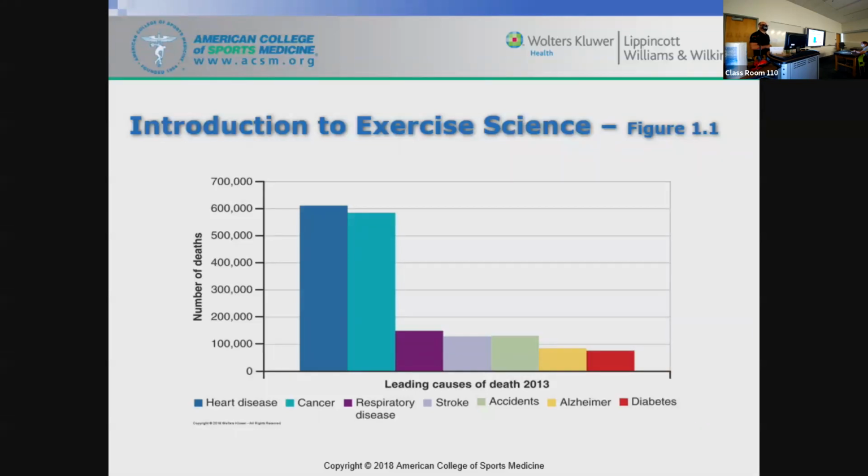That's a combination of type 1 and type 2 diabetes, but there is a lot of type 2 diabetes. With type 2 diabetes, usually the individuals are obese, and they probably have some form of heart disease as well, and they may have other conditions that are exacerbating their health problems.